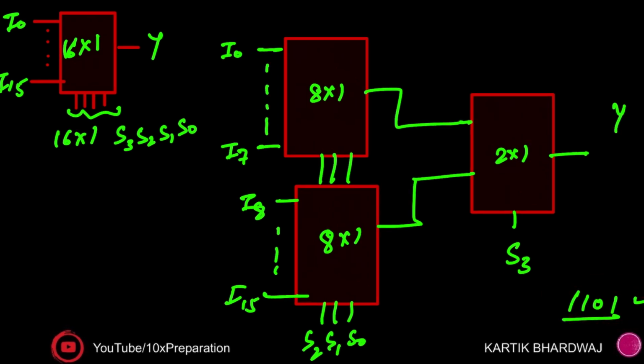Now whenever you give 1101, how is this going to happen? It is going to select 101, because this is S3 and this is S0.